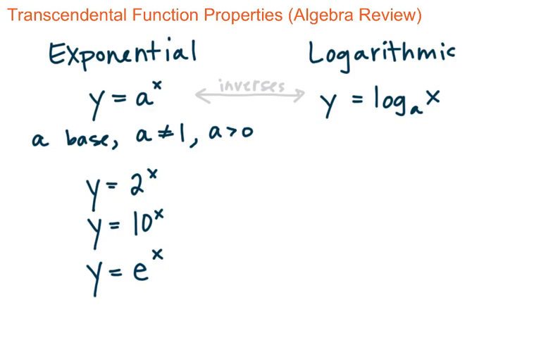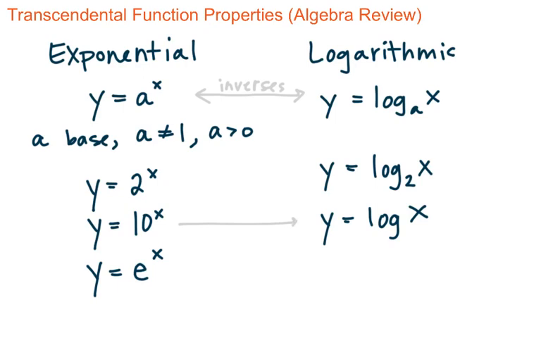We could also write logarithms using the same notation: y equals log base 2 of x. If we want to talk about log base 10 of x, that's a common log, and generally that base is not written. All right, so these would be inverse expressions.